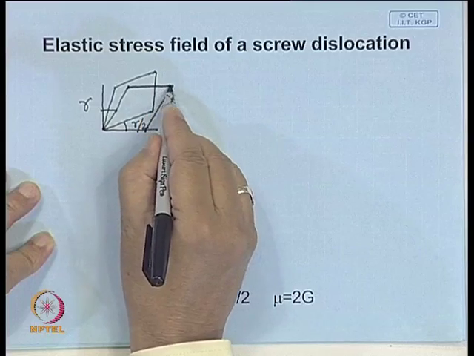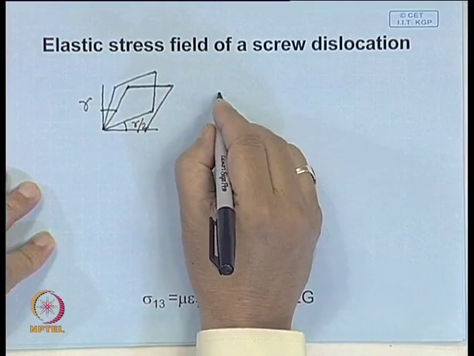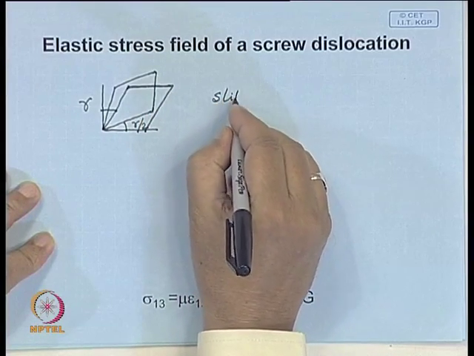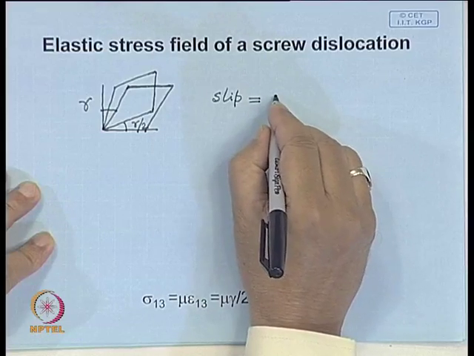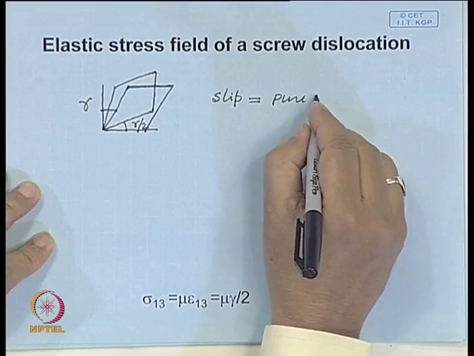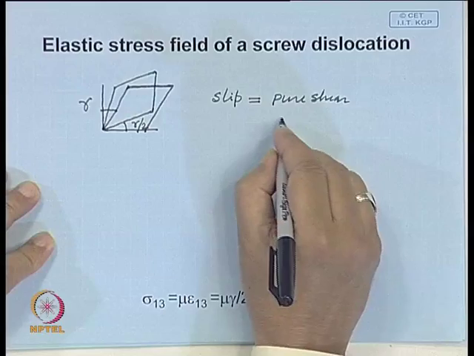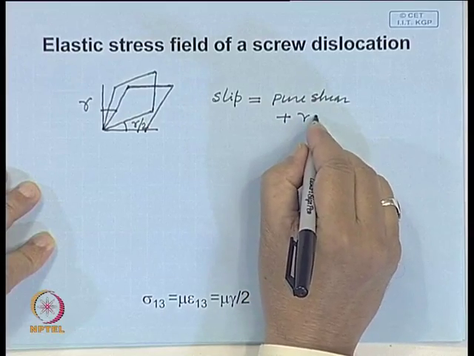So, simple shear, that means slip or glide, is a process of pure shear plus rotation.